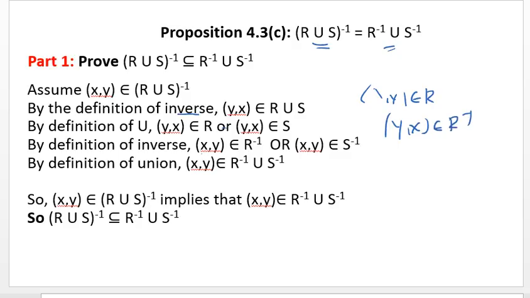So we have xy is in R inverse, or xy is in S inverse, but that would say that by the definition of union, xy is in R inverse union S inverse. So what we've shown is that xy is in R union S inverse implies that xy is in R inverse union S inverse, so R union S inverse is a subset of R inverse union S inverse. Now that's half the proof. Here's the second part.